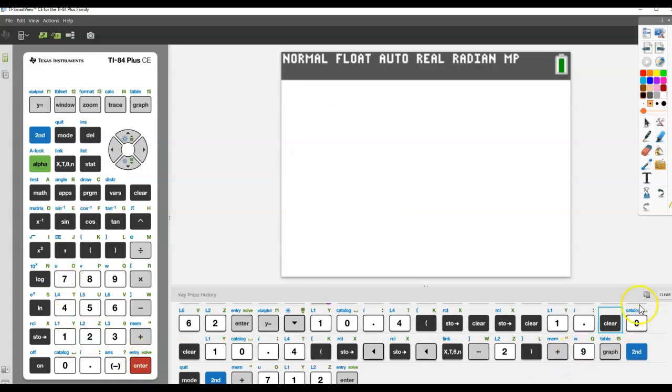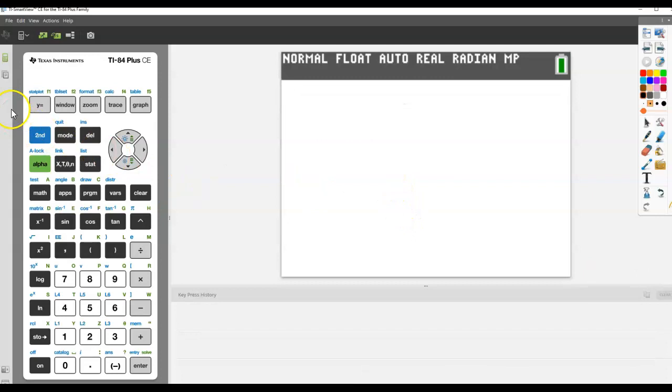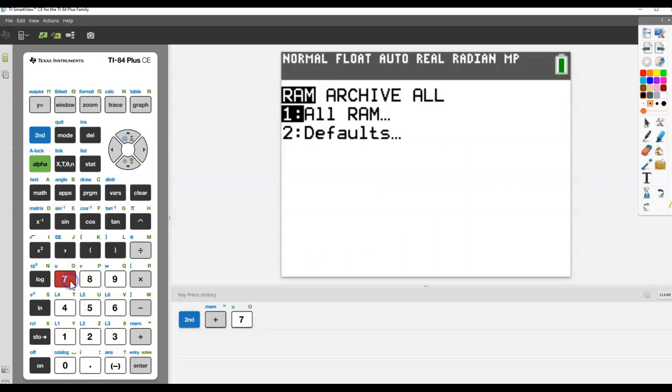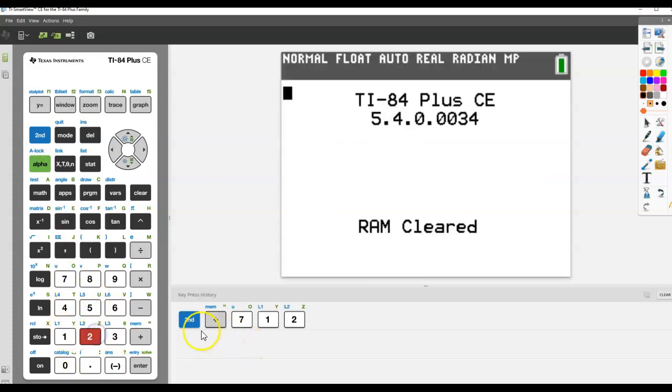It clears out your entire history. I'm going to type that again for you. Second plus 712. If you press that sequence of keys, it completely clears out anything you've stored in there, so that it's all nice and clear and ready to go for your next thing.